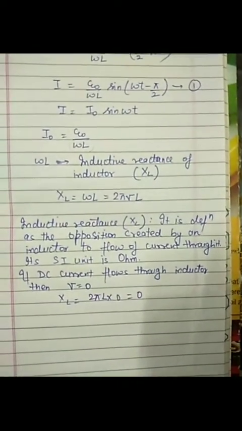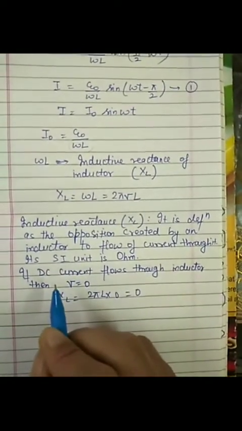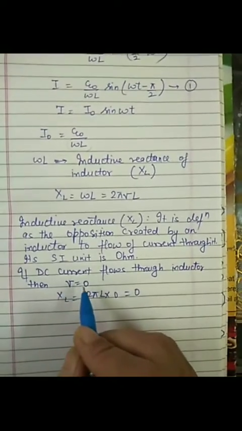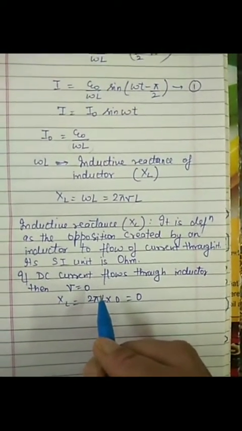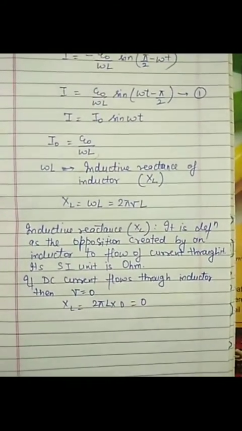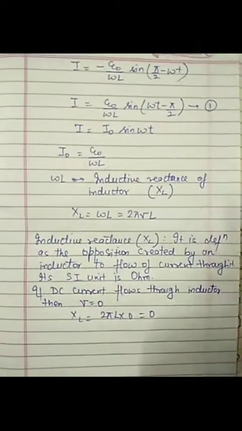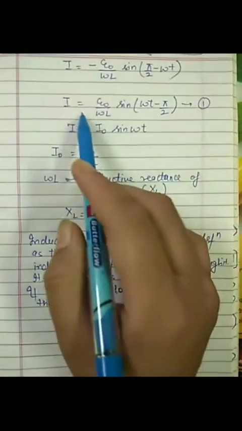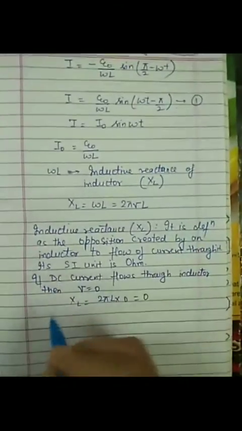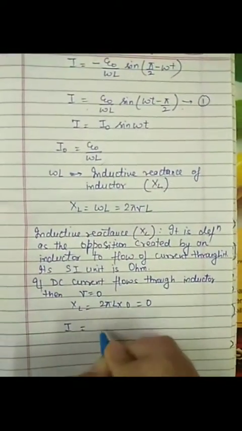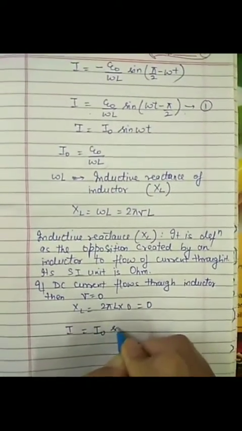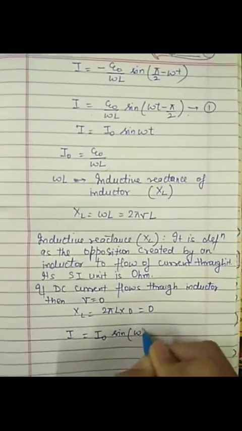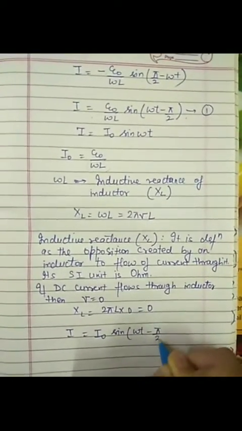It means that a pure inductor does not oppose the flow of DC through it. So the equation will now become I equals I naught sin of omega t minus pi by 2.